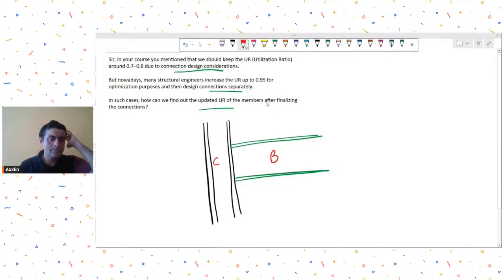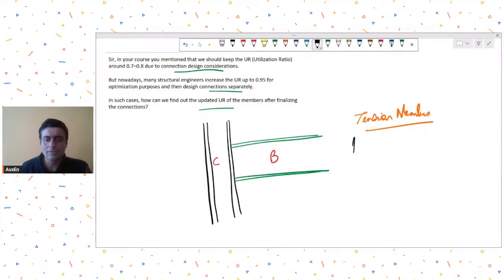In such a case, especially for tension members, you may face failures at connection level.